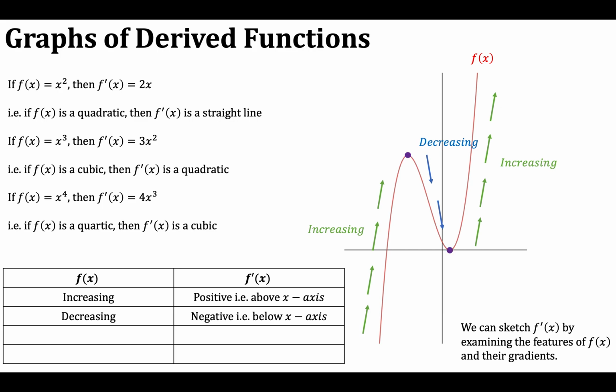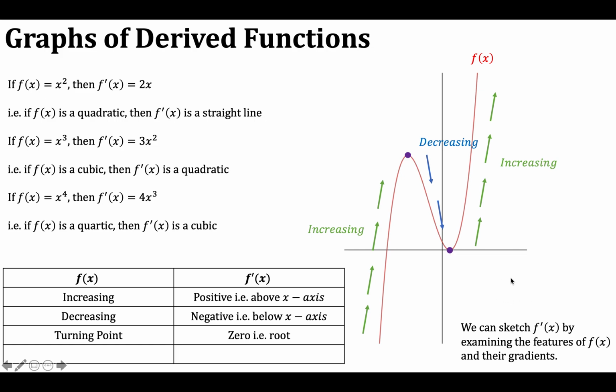We've got turning points here as well, and we know that turning points have gradient 0. If it's got gradient 0, then those points will become roots. I know in this example there's already a root there, that's fine, it'll still be a root.